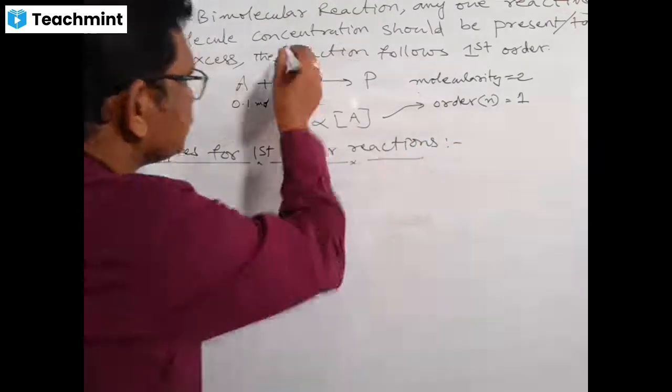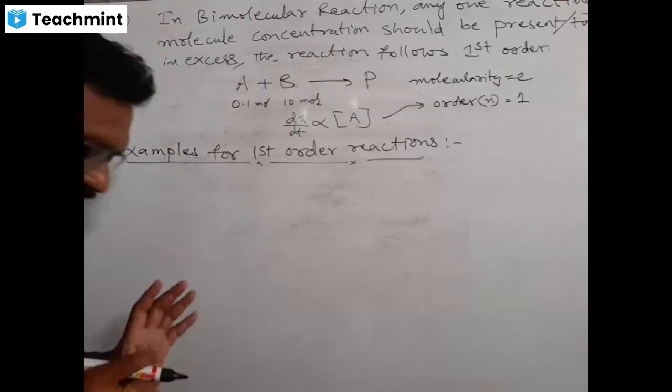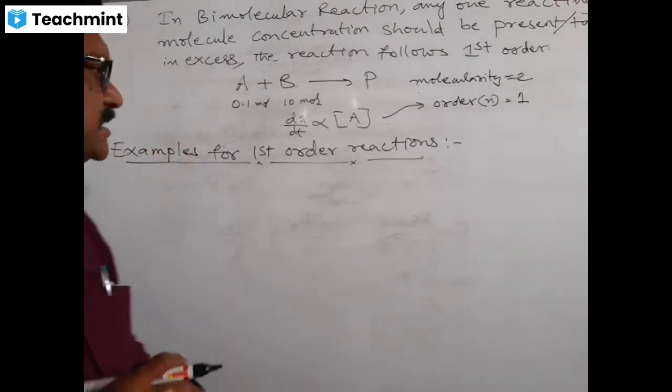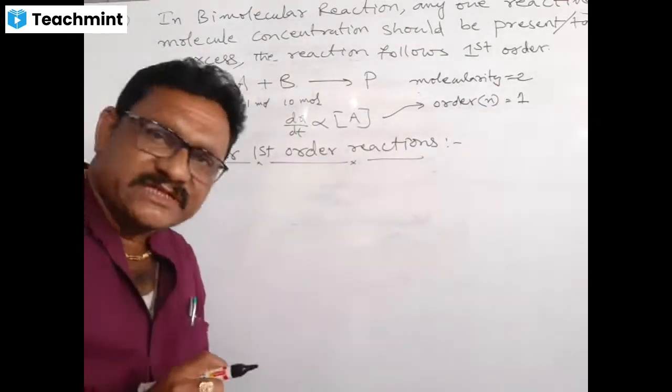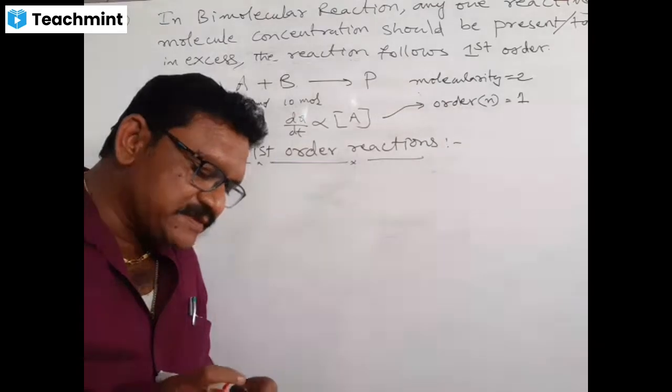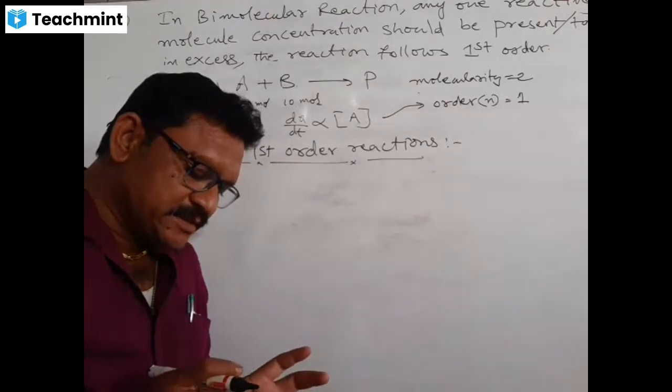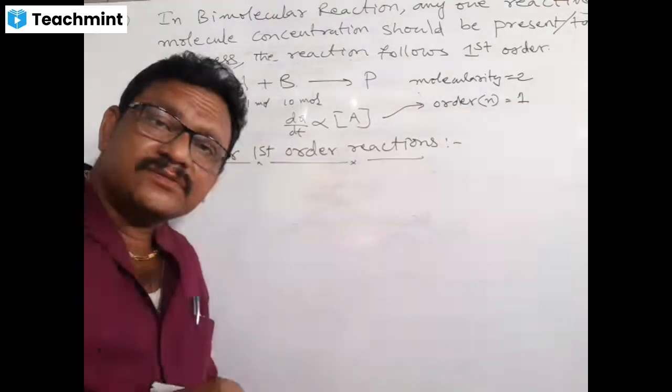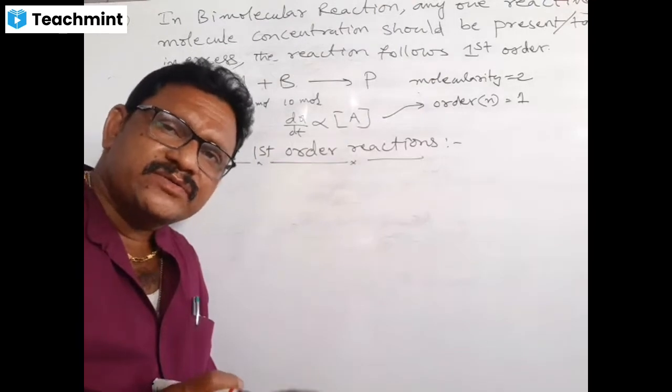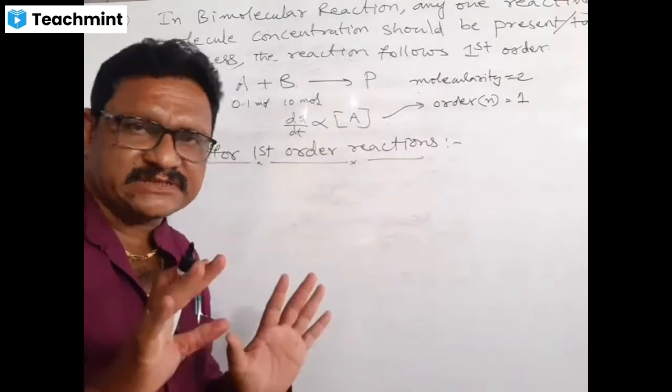We completed characters and we are going to study the examples for first order reaction. What are the examples for first order reaction? All radioactive decay reactions follow first order reaction.